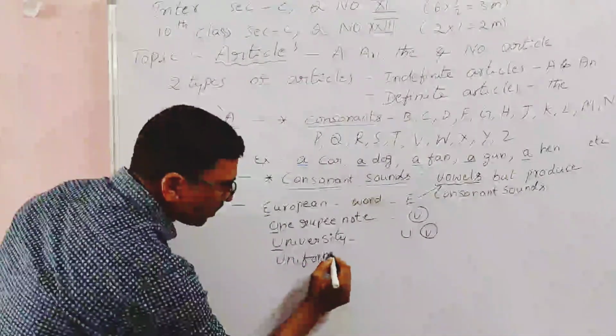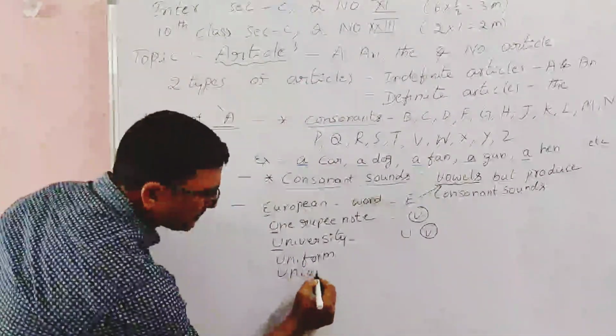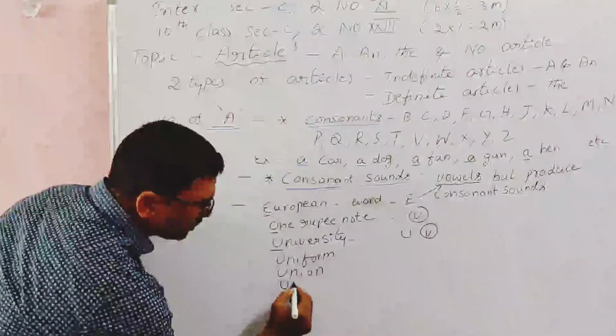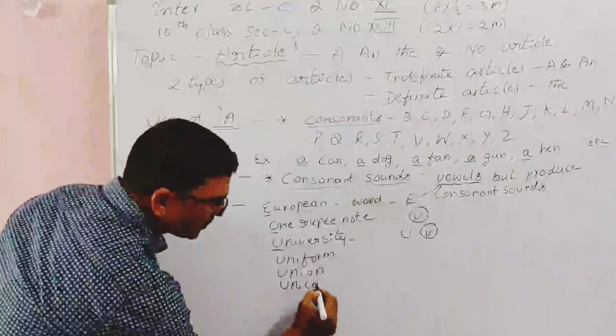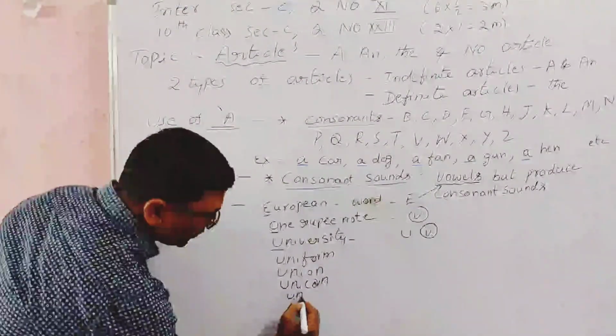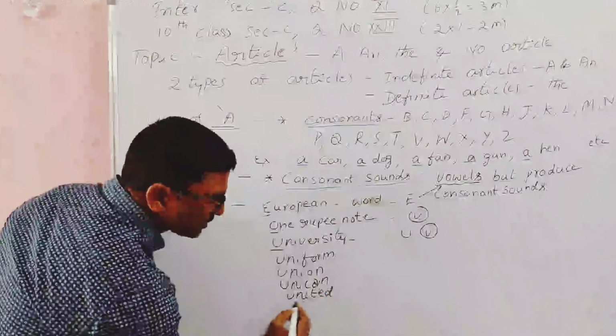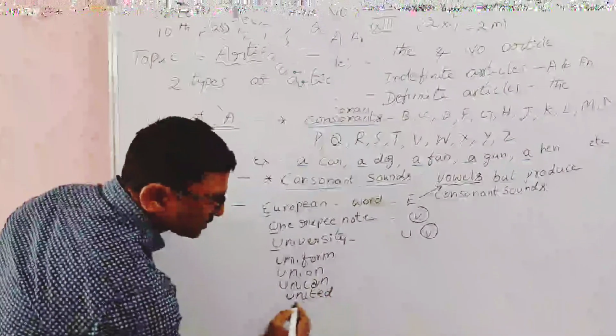Uniform, union, unicorn, united, universal, unique. All these words began with vowels.